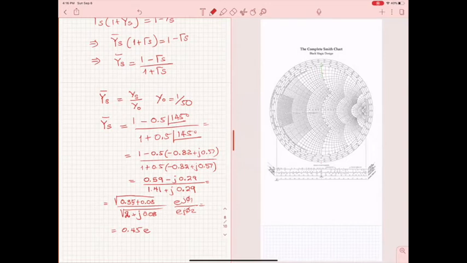So 0.8 divided by 2 equals 0.04. Okay, 0.49.